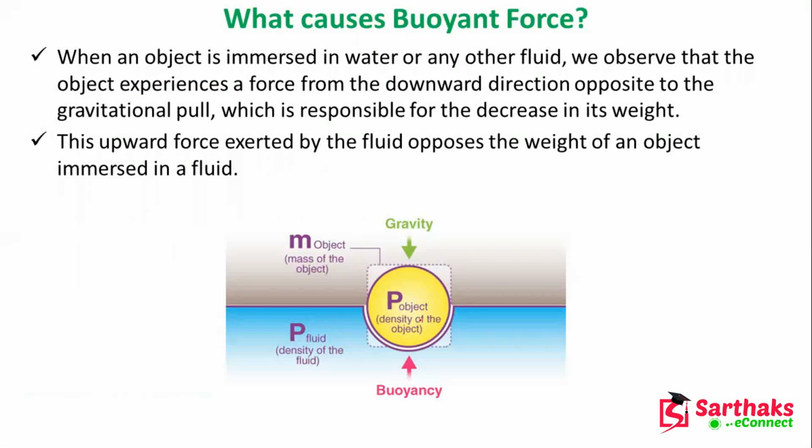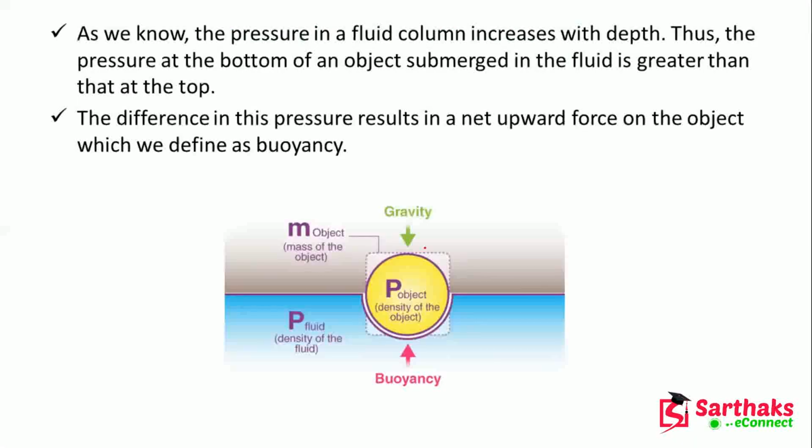Now, here this is the object and this is the buoyancy, and this object has the mass m, and it will feel some force that acts against gravity. Here, in this fluid column, you can see that the pressure in a fluid column increases with depth.